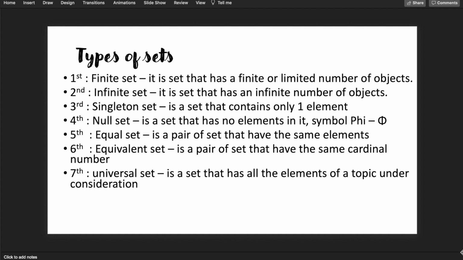And the second is infinite. By the word, you know probably what it means. So it's a set that has an infinite number of objects. For example, let's take an example in roster form. All x such that x belongs to natural numbers. So natural numbers don't end, right?